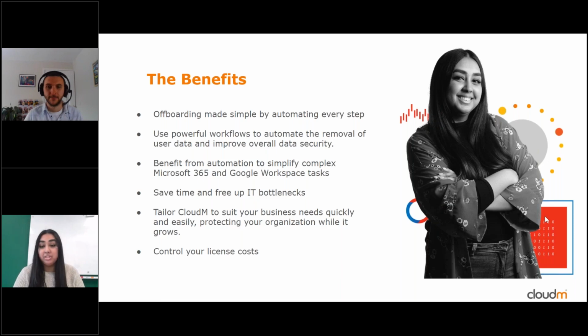We have steps such as the archive step, which ensures that the data is migrated to cloud storage such as GCP. We will tackle that in another bite-sized webinar. And finally, with a highly customizable policy, you can tailor CloudM to suit the needs of your business with features like setting up the appropriate executor and being able to remove and add steps in the process.